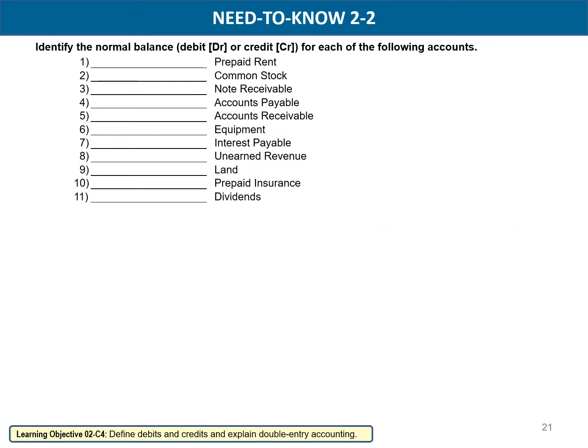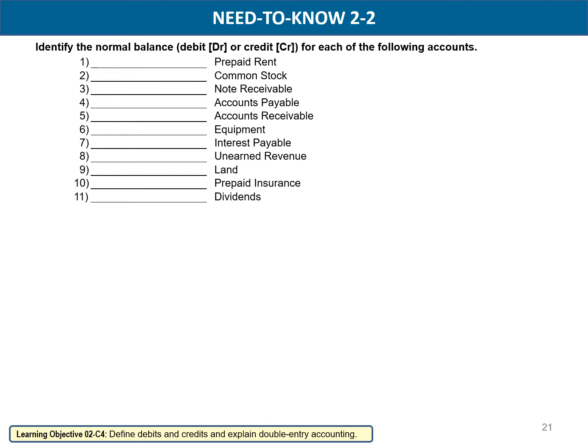All right, so they're asking us to identify whether the normal balance is a debit or credit for each of the following accounts. Whatever it is, debit or credit, that increases the account is also the normal balance. So if a debit increases the account, it has a normal balance of a debit.